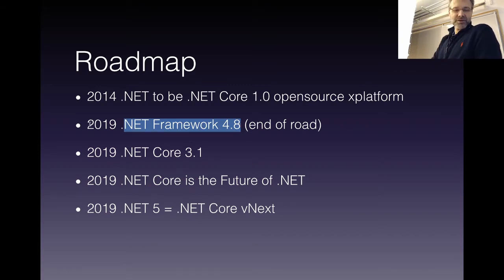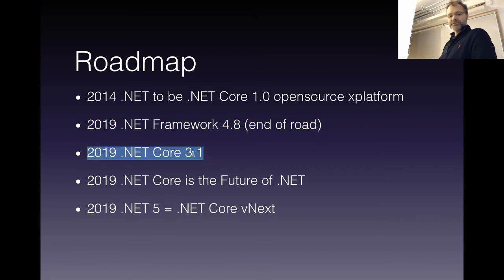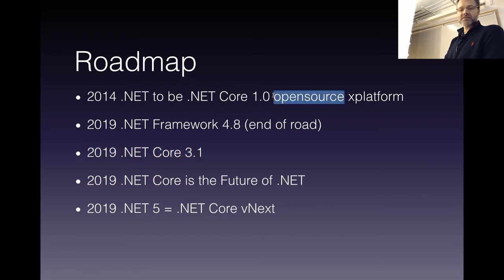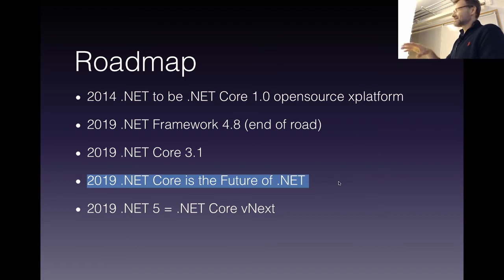So that road is closed, and we are going to .NET Core, which is developed from 1.0 to 3.1 currently. They're also saying that at the same time as we're closing down .NET Framework, we're going for .NET Core, and that is the way we are moving on from now on.